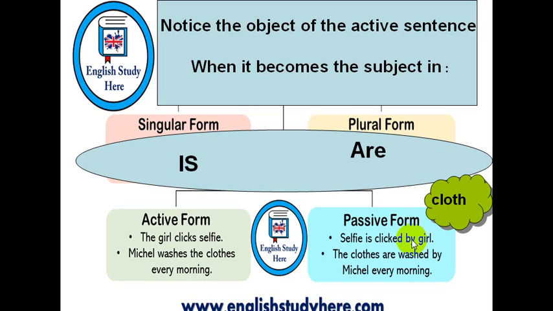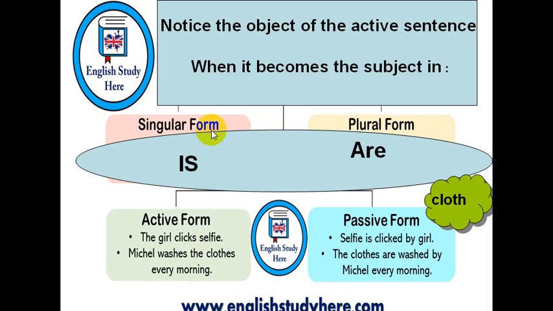So look at the second sentence. Michelle washes the clothes every morning. So once again I should define the object. Yes, the clothes. Excellent. Notice the object, is it in singular form or in plural form?